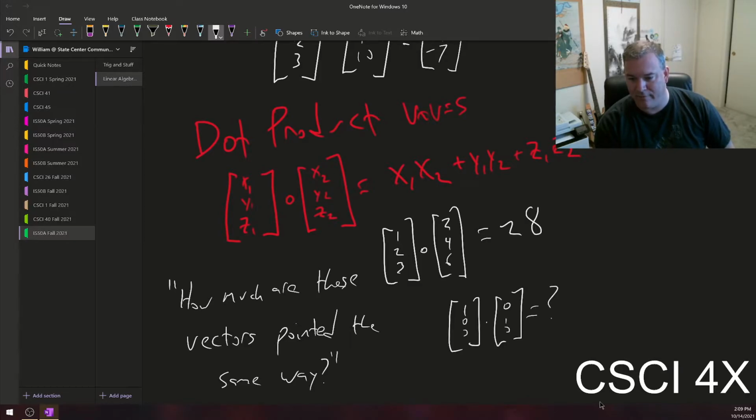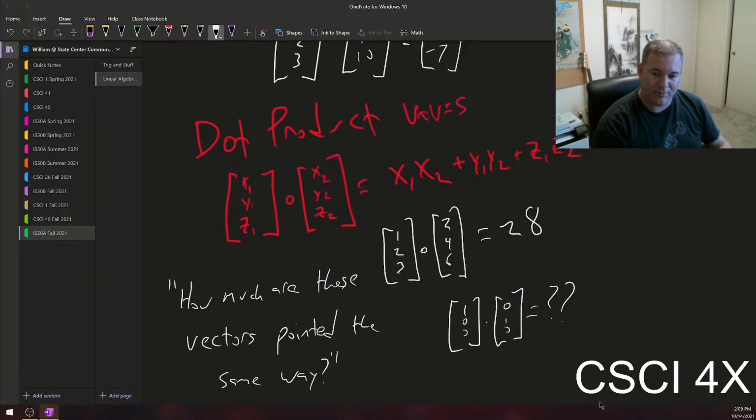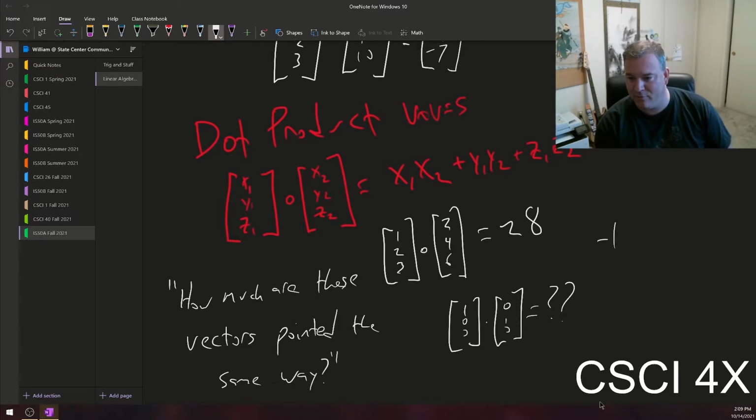And that will give us what? If we have a vector of length 1, then the answer we get here will always be normalized as well. Or it won't be of length 1, but it'll give us a number from -1 to +1. -1 means pointed in opposite directions.